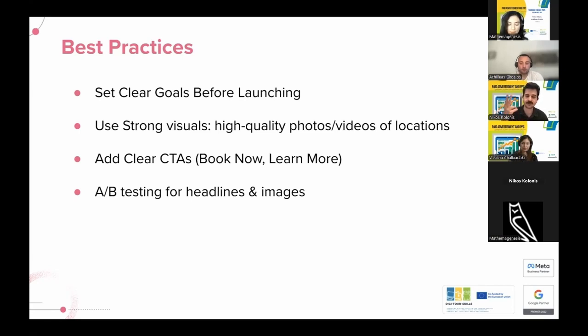Like I'm giving the platform two different images, I'm giving the platform two different text options. And then I continue to monitor my campaign, to track my campaign, and I see, okay, this text does not perform that well. So I stop using it. I might want to try another one. And I see, okay, this one performs better. So I'm going to stop using the other one. I'm going to use this one more. That's basically what A/B testing is.